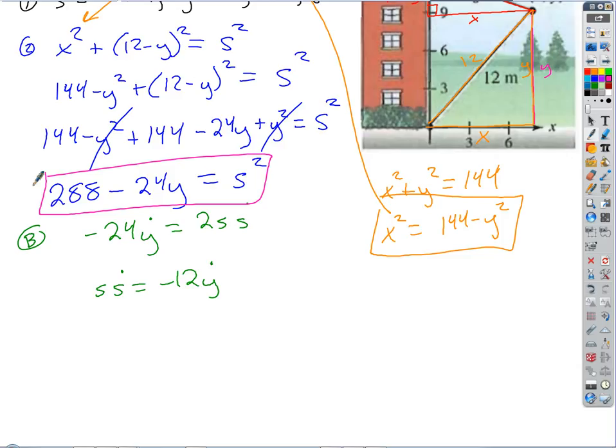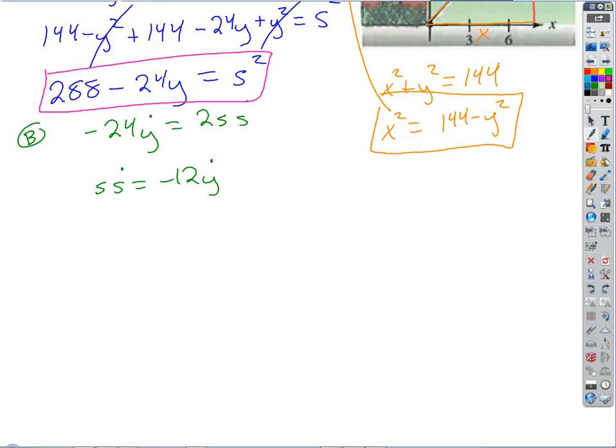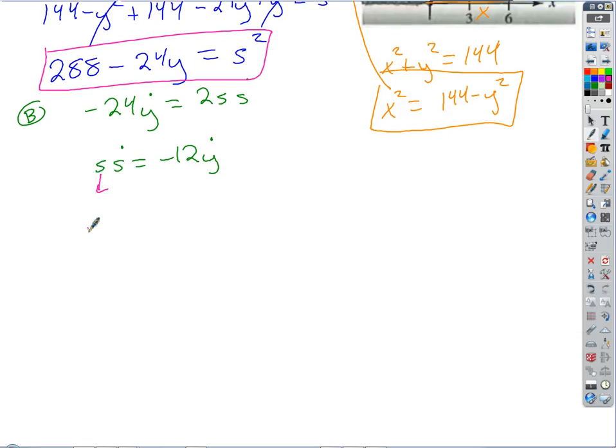So s just equals the square root, we want the positive answer, obviously, of the left side, and so I could just make the trade. This guy right here is going to become the square root of 288 minus 24y.